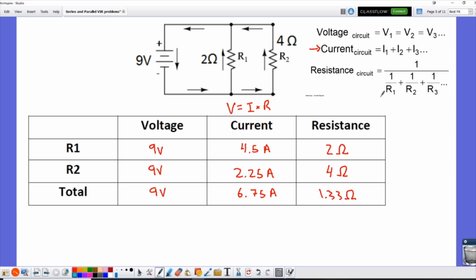So 1 over R1. R1 is going to be this value right here. So I'm going to put a blue box again around 2, just to color coordinate. And then 4 ohms around this one right here. So what we can do is just start filling in values for this. So let me just go ahead and copy down this equation.